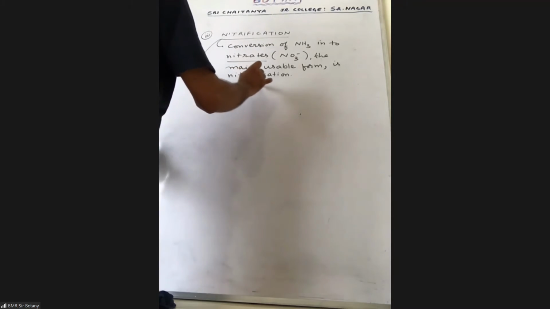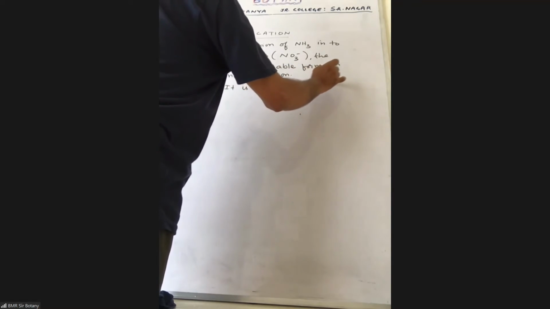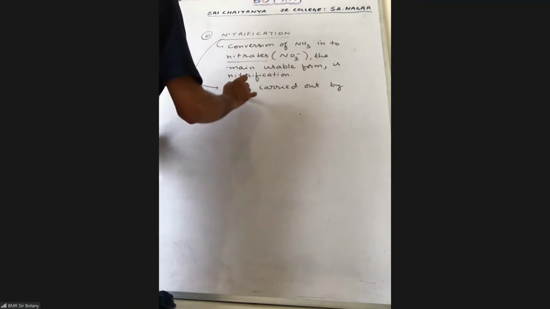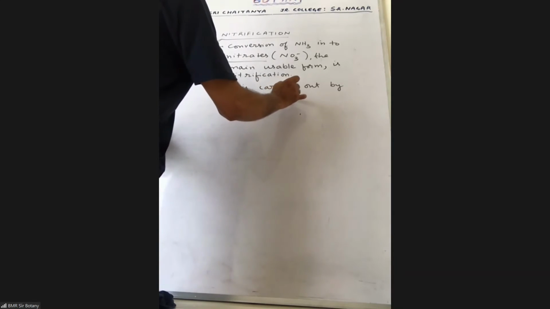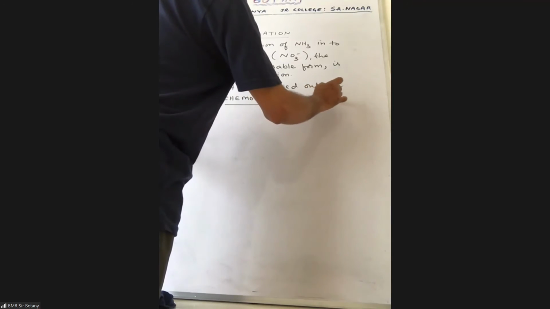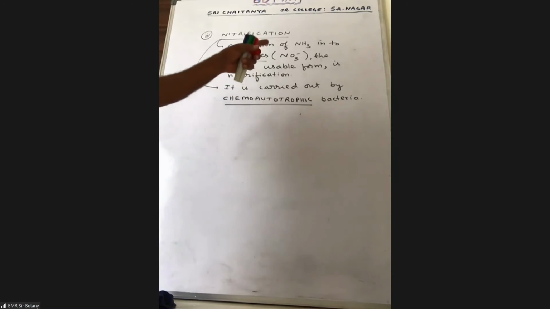It is carried out by chemoautotrophic bacteria. What are chemoautotrophs, Nana? They derive energy from oxidation of chemicals but use atmospheric CO2 to reduce into carbohydrates.